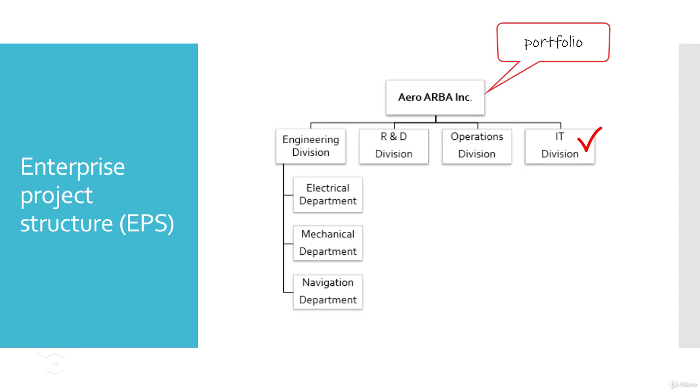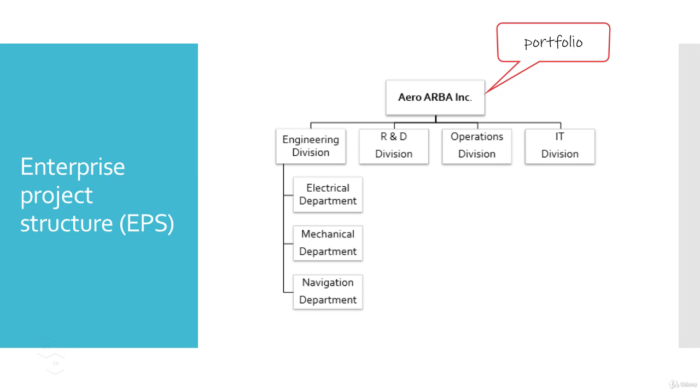So AeroArba consists of engineering, research and development, which is called R&D, then the operations division, and the information technology division. Please remember that we can further classify these divisions, which are called programs, into subdivisions or subprograms.